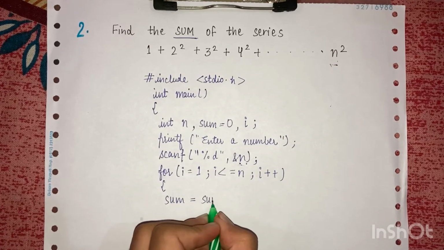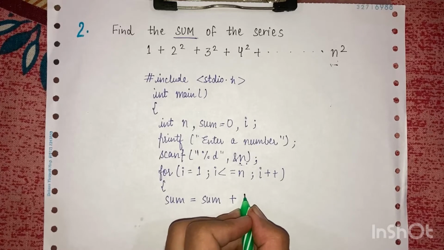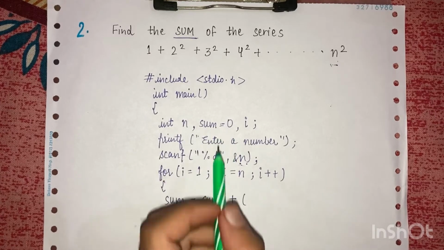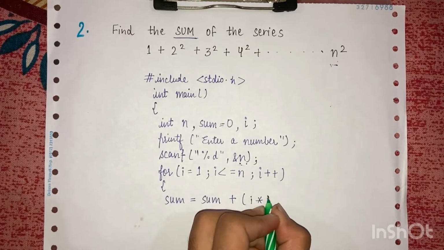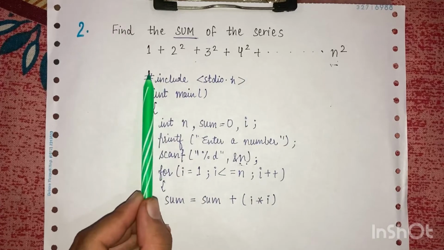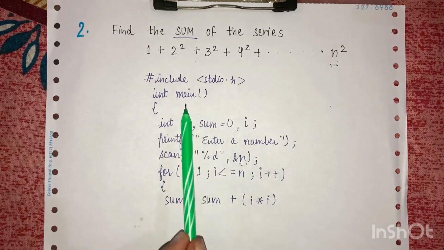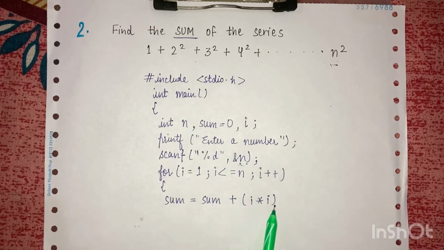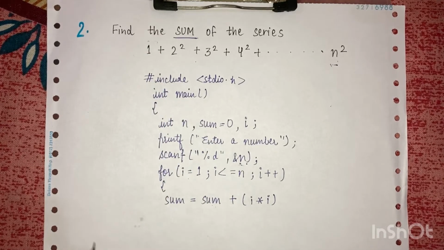Then we just have to find sum is equal to sum plus i into i, the square of the number. Initially we have taken sum as 0. When i is 1, sum is 0, so 0 plus 1 into 1, that is 1 plus, we'll see all this in the dry run.